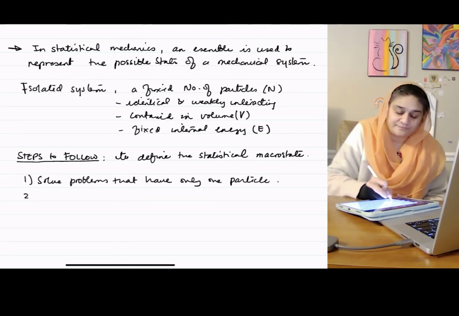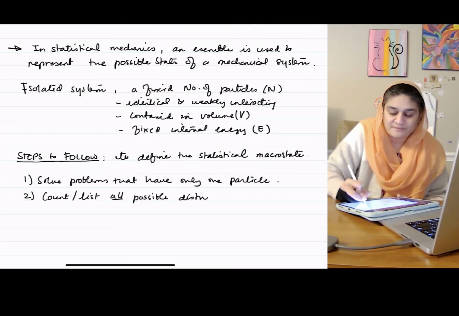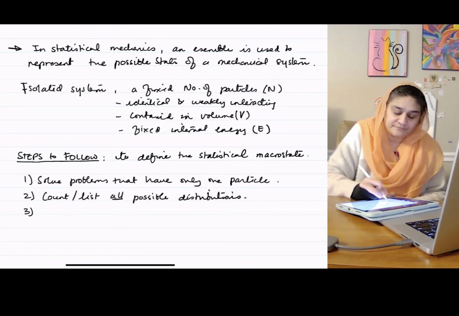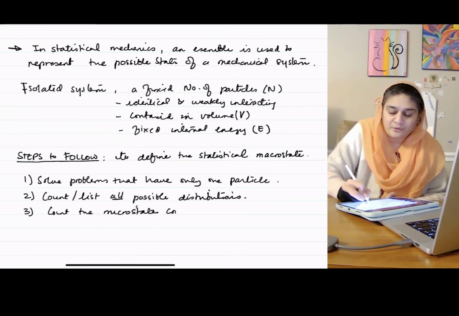Number two, count or list all possible distributions. Number three, count the microstates corresponding to each distribution.